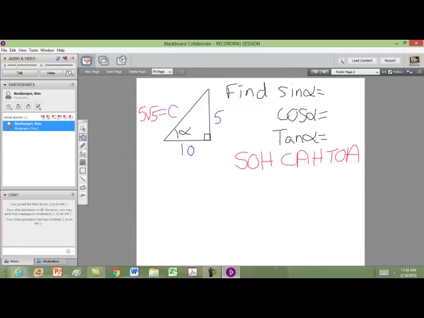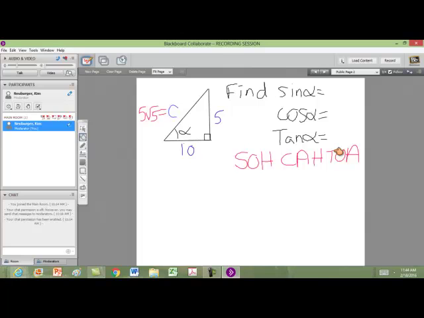In this particular saying, S stands for sine, O is for opposite, which will go on the top of the fraction, H is for hypotenuse, it'll go in the denominator of your fraction. C stands for cosine, A is for adjacent, that will go in the numerator of your fraction, and H is hypotenuse, which will go in the denominator.